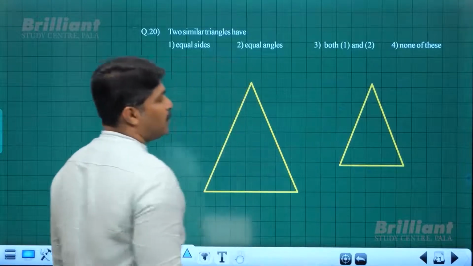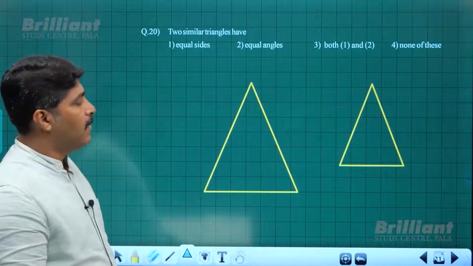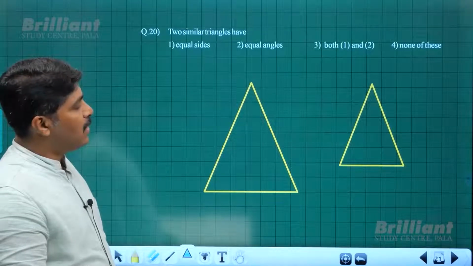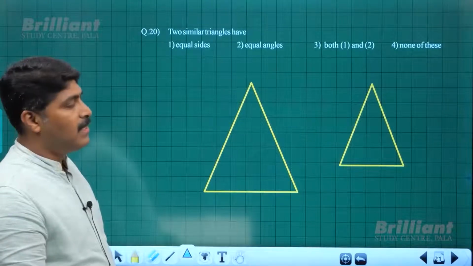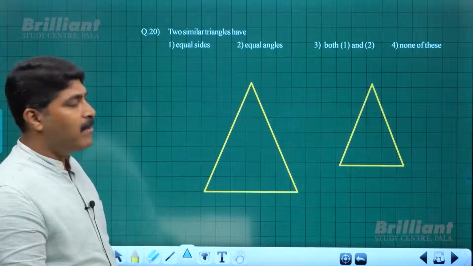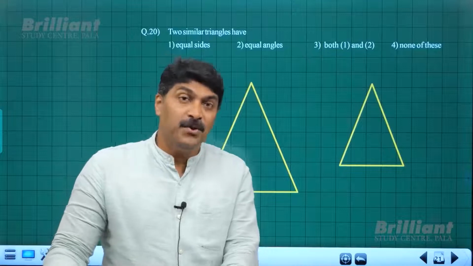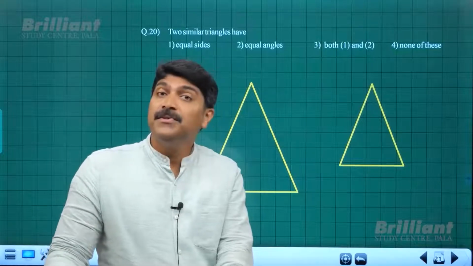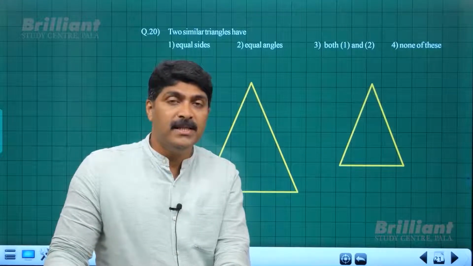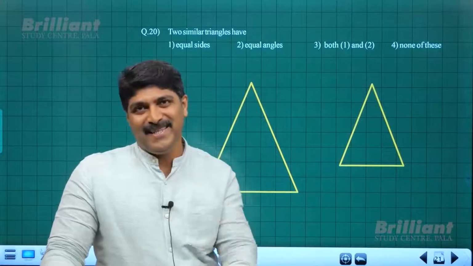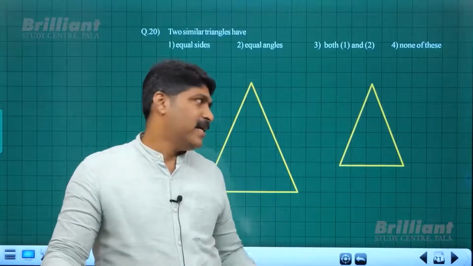Similar triangles means triangles are equal in shape, not mandatorily equal in size. If they are equal in size also, then those two figures are called congruent figures. Right now these are similar triangles.